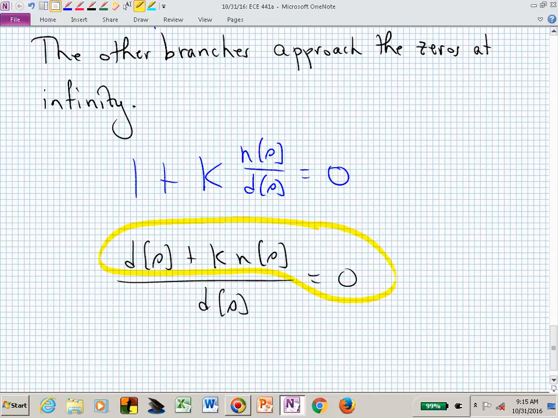Well, they're exactly the same values of s that satisfy d of s equals 0. And those are the roots of d of s, or the open loop poles of our standard form. Then as k gets big, k n is going to dominate d, and so the roots of n of s are going to be the roots that satisfy that expression. That's this transition from k equals 0 up to k big, and why we have starting points at the open loop poles and ending points at the open loop zeros.